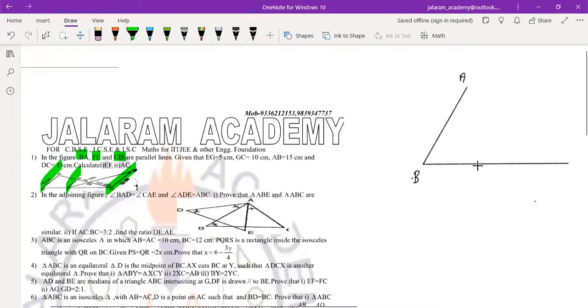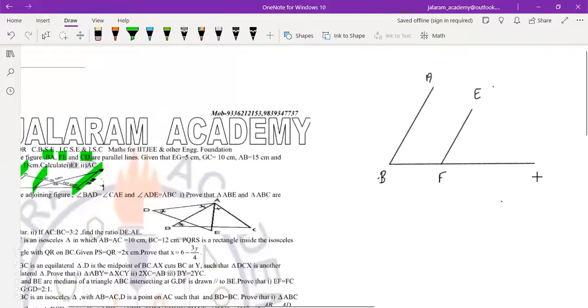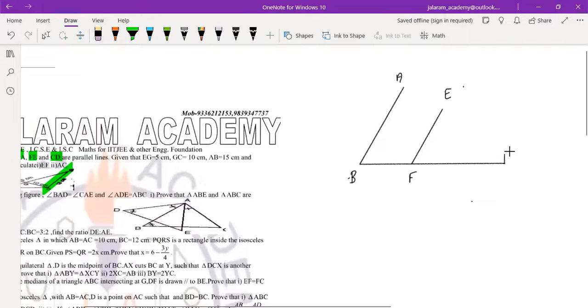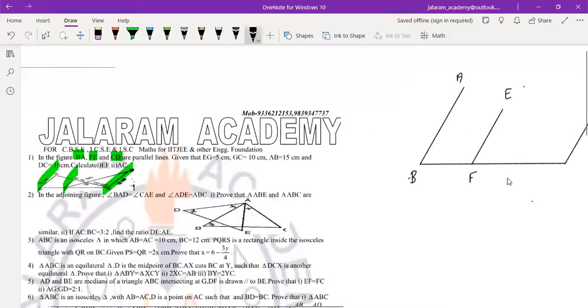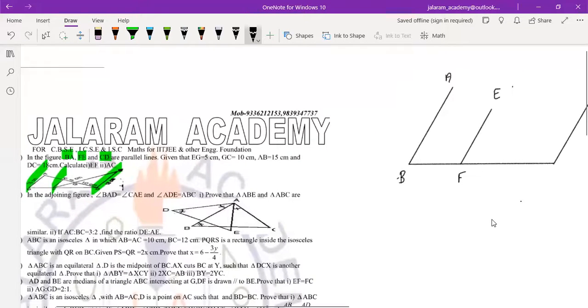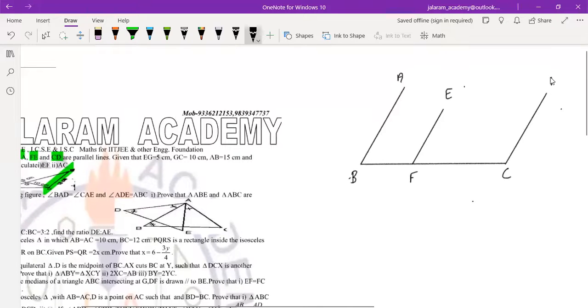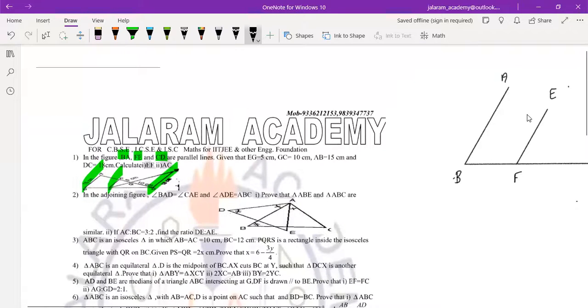FE, CD are three parallel lines. Okay. BA, FE and CD are three parallel lines.